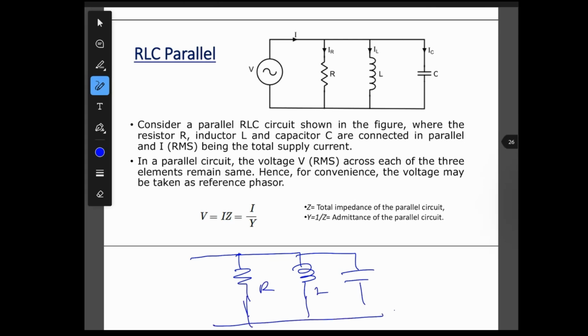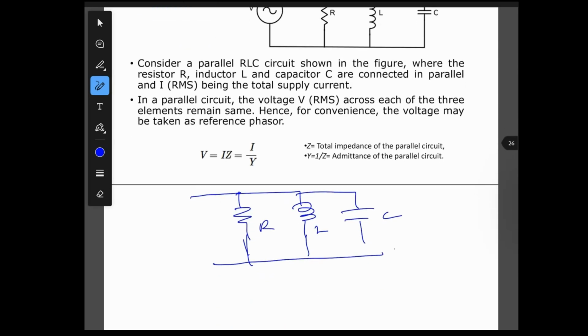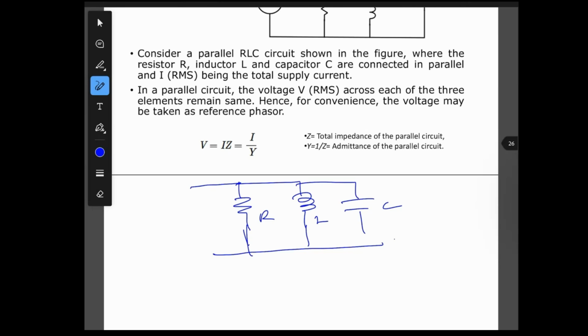This one becomes XL, and this one becomes XC.